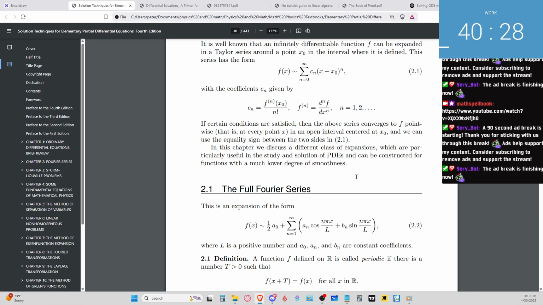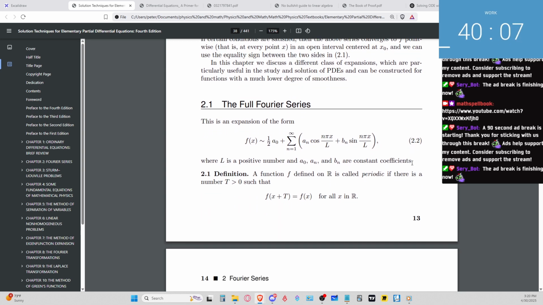In this chapter, we discuss a different class of expansions which are particularly useful in the study of solving partial differential equations and can be constructed for functions with a much lower degree of smoothness. Ooh. Okay.